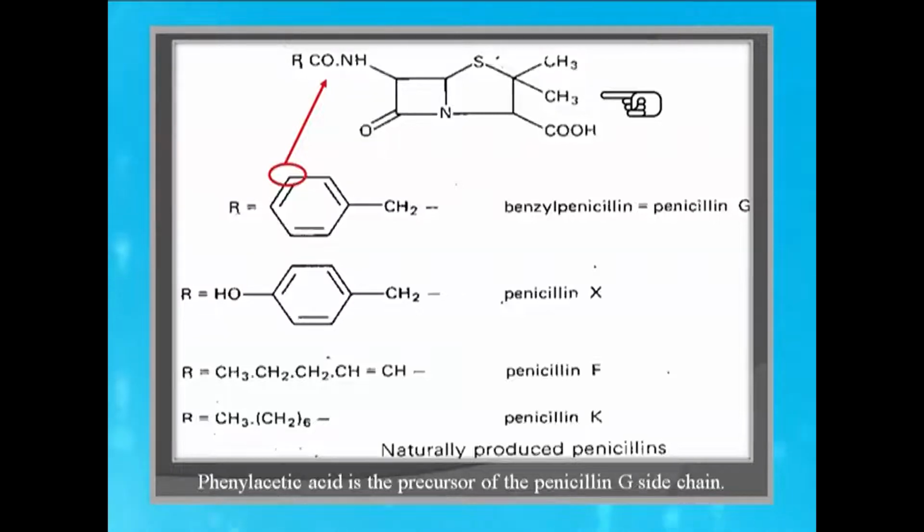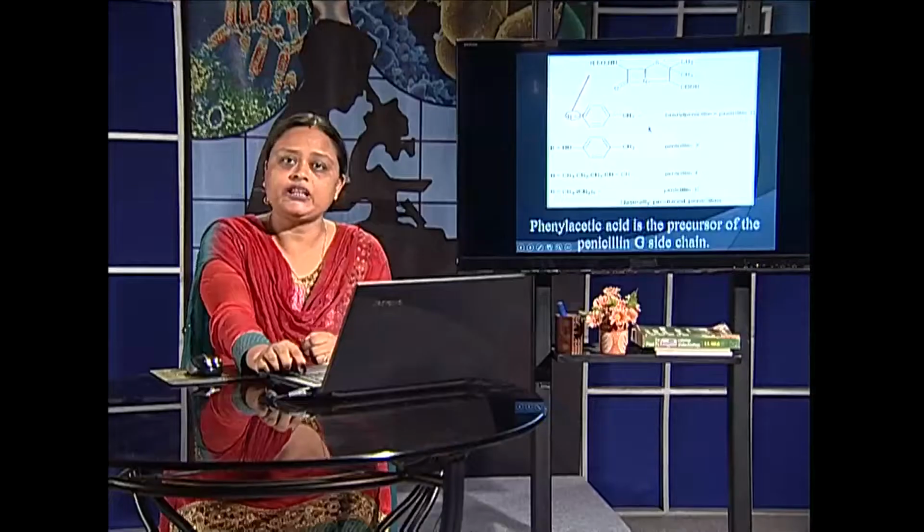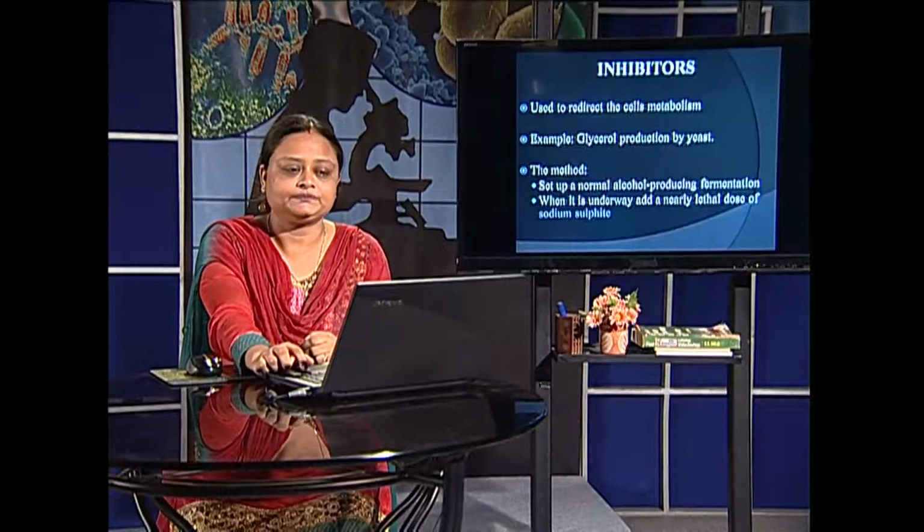Now, we want a specific antibiotic, say penicillin G or penicillin X. So, the R should be very, very specific. And this R is what we supply in the form of precursor. If we are giving phenyl acetic acid, then the product becomes benzyl penicillin or penicillin G. So, we can see here R is getting replaced with the phenyl acetic acid precursor. This should be incorporated in the medium.